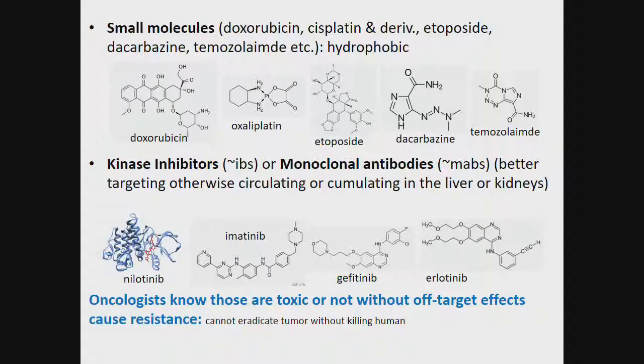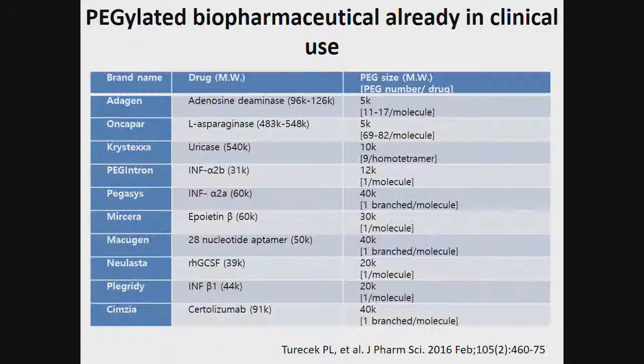So oncologists know those are toxic, and the many benzene rings are going to lead them anywhere. Or sometimes they are interested in pegylation and this kind of enzymes or cytokines. They all have only minutes of half-life once injected. We cannot use that, so they have pegylated.